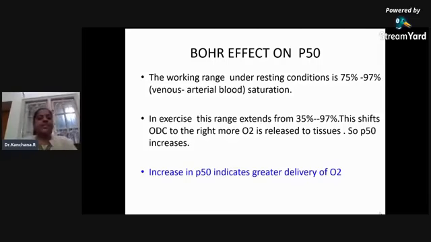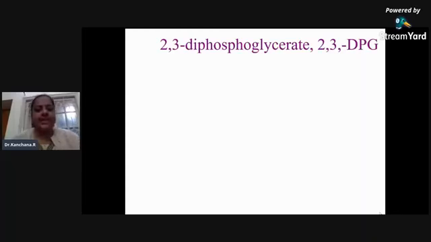Now, coming to another feature known as 2,3-diphosphoglycerate, also called 2,3-DPG. This 2,3-DPG is an intermediate product of glycolysis occurring in RBCs, and it is formed as a result of anaerobic metabolism occurring in RBCs. As you all know, RBCs have no mitochondria, so they do not depend on aerobic metabolism, and instead depend on anaerobic glycolysis.